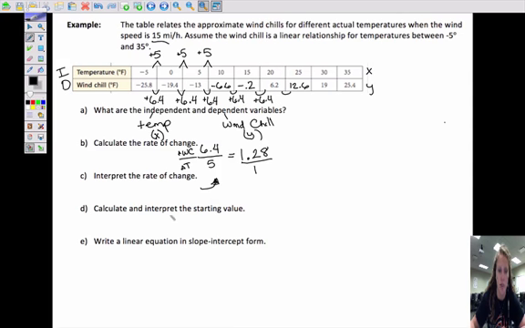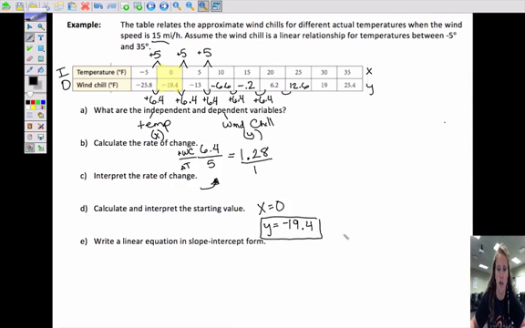Then finally, we're asked to calculate and interpret the starting value. Well, if you remember from your video notes before, the starting value is when x is 0, right? And luckily on this table, we have a spot where x is 0. So we know that if x is 0, then y equals -19.4. And we don't really have to calculate anything.